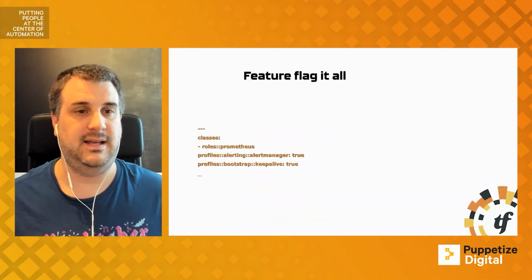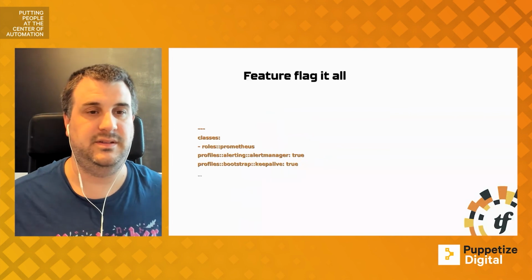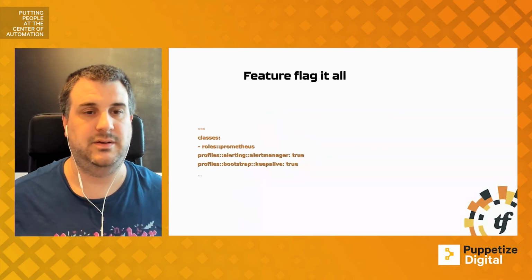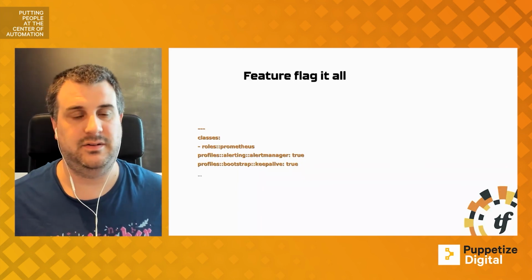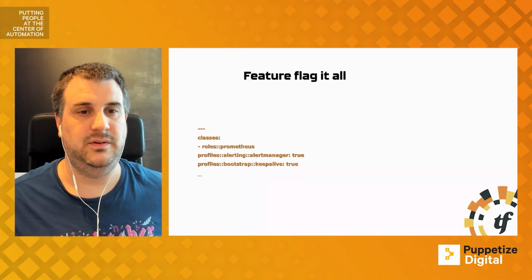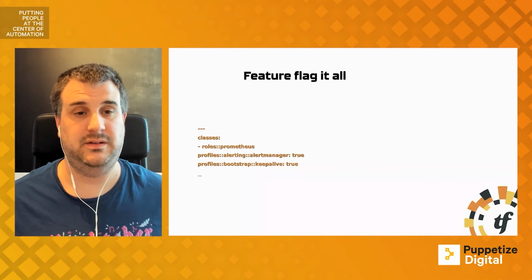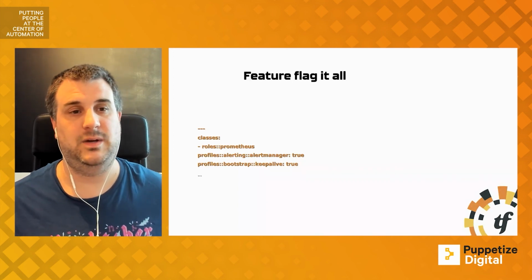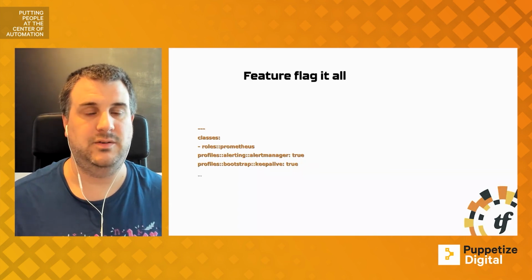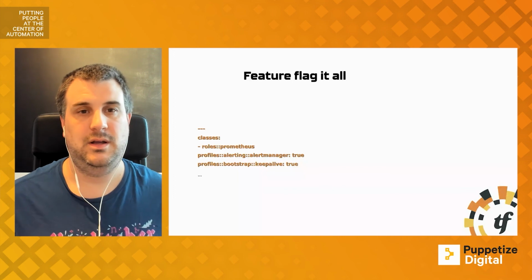And then basically in Hiera it turns into this. On my platform, I have Alertmanager turned on. I have Keepalived turned on. So it's going to be some form of metric system that does alerting, but it's also HA because of the Keepalived. In this way, I can very easily grep through my Hiera to work out what teams have turned on.